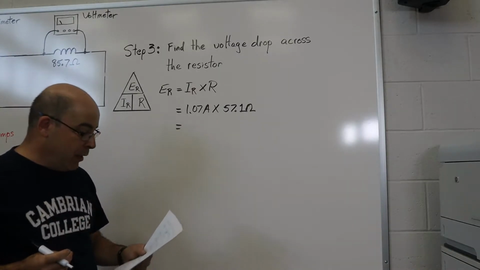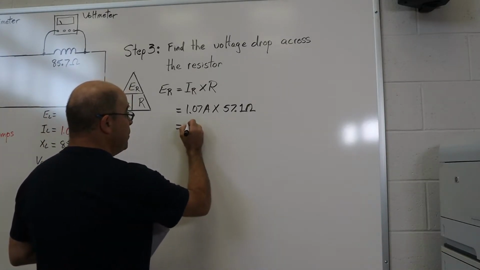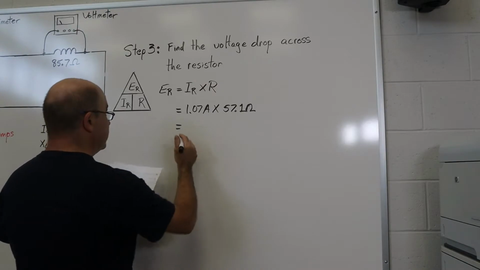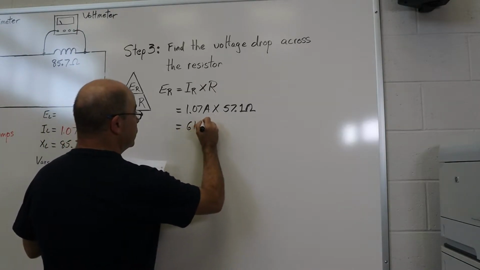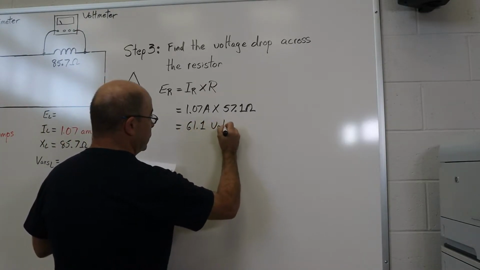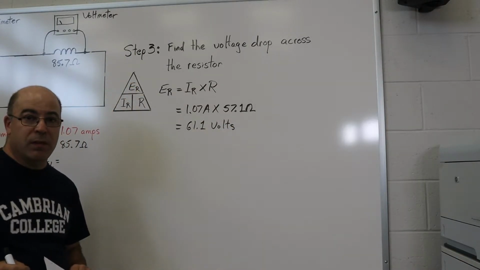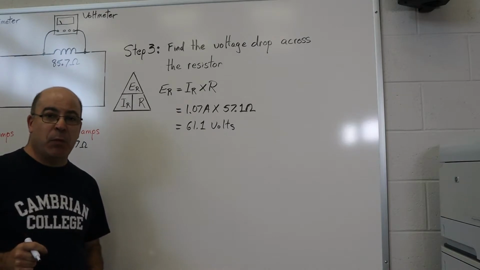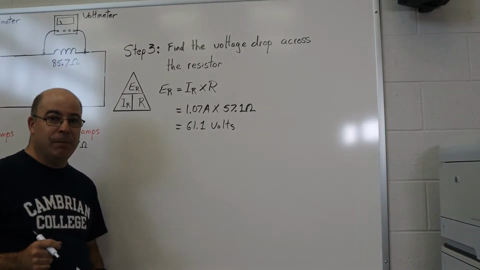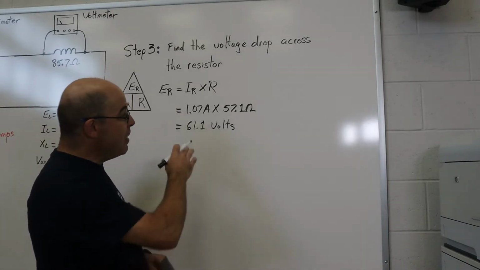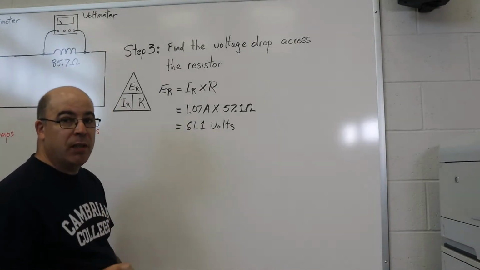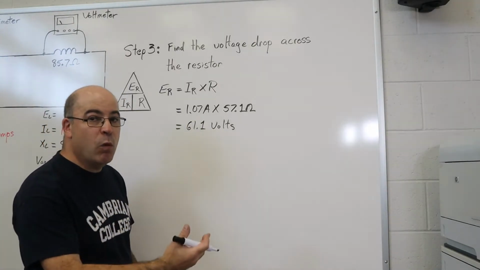Type that into a calculator, and the answer should be 61.1 volts. Again, this is a value that has been rounded to 2 decimal places. I'm going to go and input that back into our chart, and we're going to move on to step 4.